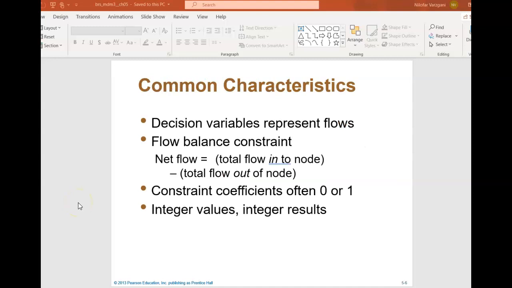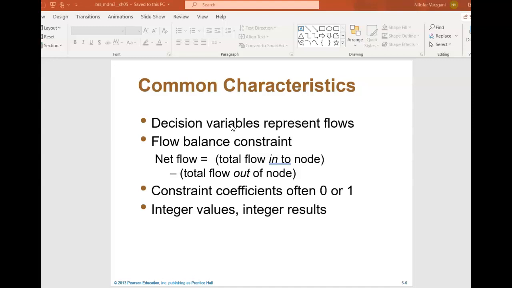The network diagram that we create for each example is going to help us identify the decision variables. The decision variables are the number of arcs that you have in your network diagram. Now, make sure that you make the distinction between unidirectional arcs and bidirectional arcs. Unidirectional arcs are the ones that only flow in one direction, and bidirectional arcs are the ones that flow in both directions.